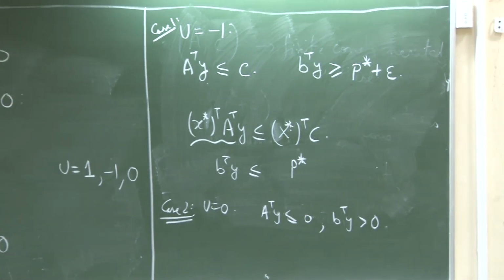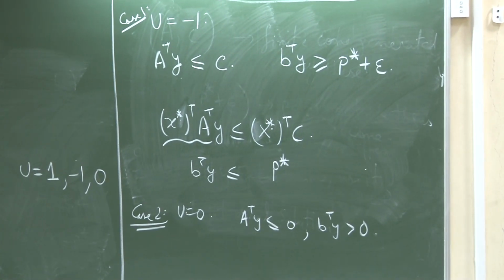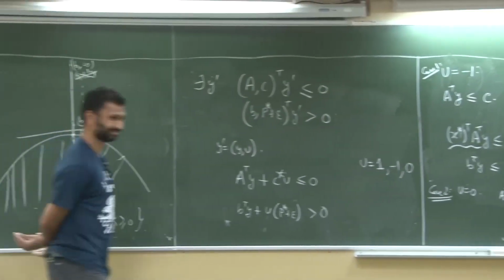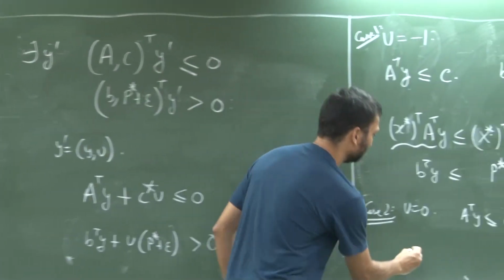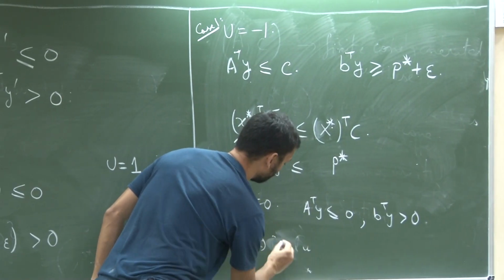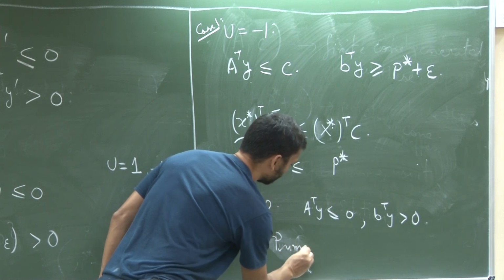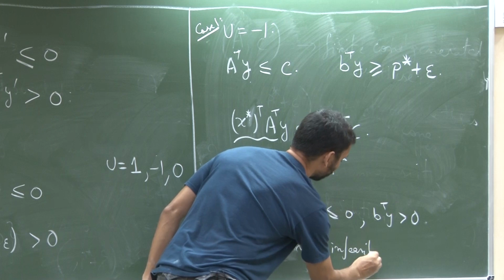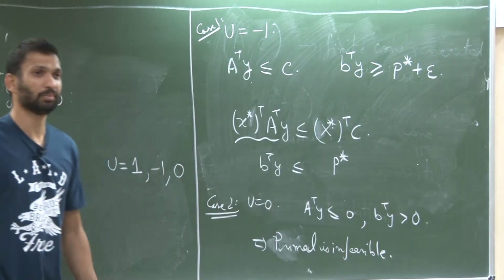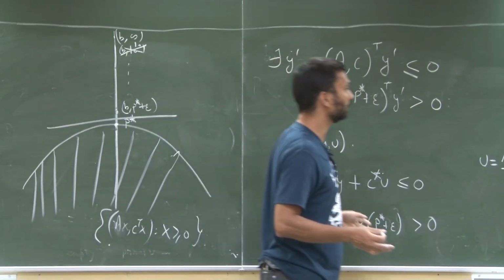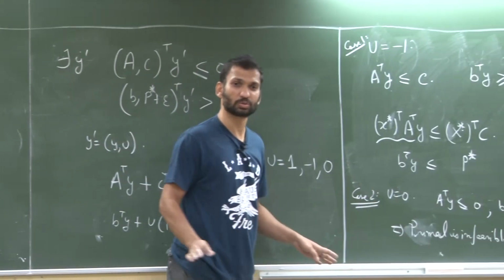I'll just put u equal to 0 here. Then, but we have already assumed that primal was feasible, right? So u equal to 0 is also not possible.